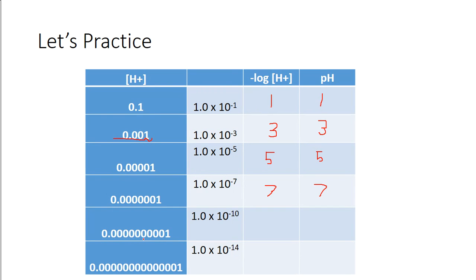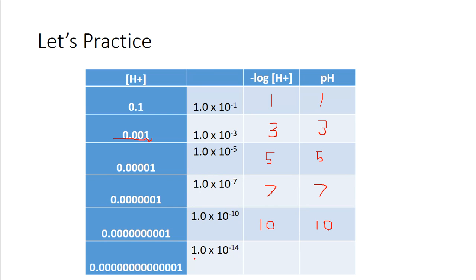10 to the minus 10 looks like this, a very small fractional number, almost 0. The log of 10 to the minus 10 is minus 10. Negative minus 10 would be positive 10. So that means the pH is 10. And then last but not least, this has 13 zeros in front.